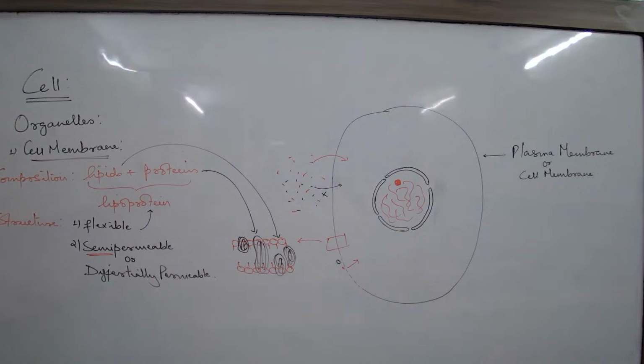Understood? Let us write one question. Put the heading there, plasma membrane, that's the first organelle we are studying. Put the headings one after the other as we study the organelles.